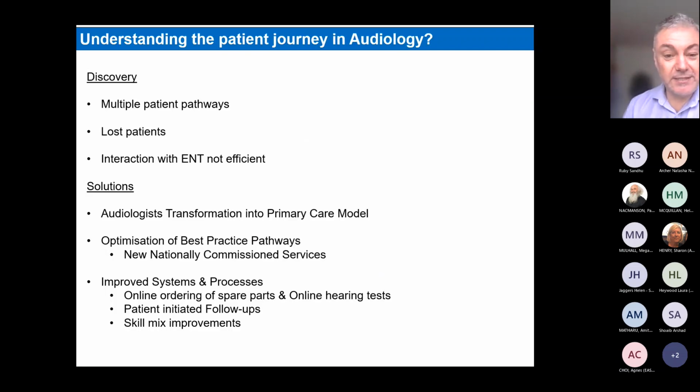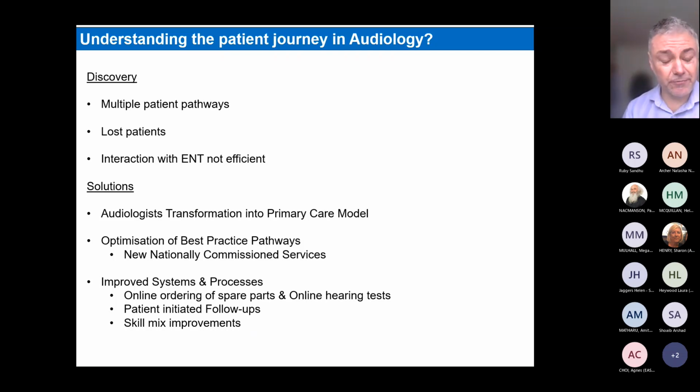And that was over an 18-month period, that diagram. So what the discovery of this was with the service was, there's multiple patient pathways. There's shed loads of lost patients within the service. And the interaction with ENT was not efficient, specifically in the paediatric situation, where patients were being passed from audiology to ENT and back to audiology and then back to ENT.